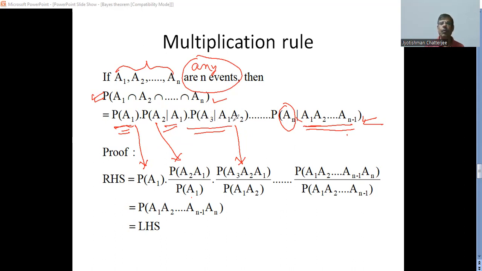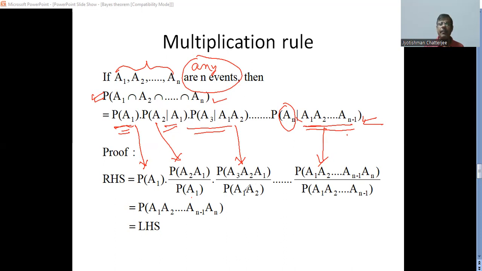From here, we get the numerator should be probability of A3, A1 and A2, but that is the same as probability of A3, A2, A1, because after all, this is nothing but the intersection of all three events A1, A2 and A3. And from here to here.